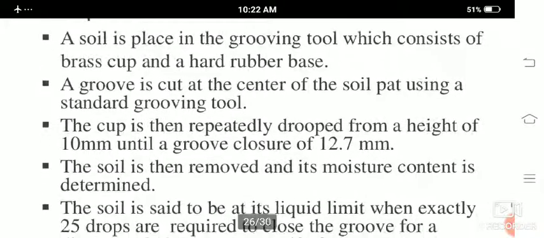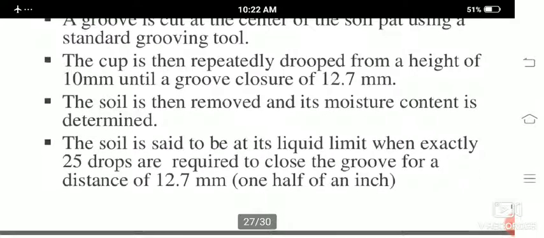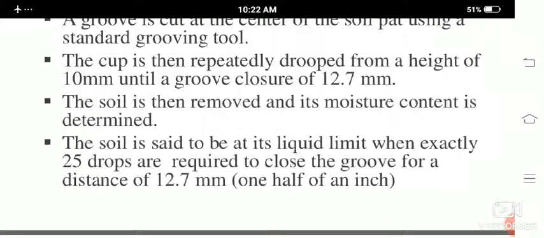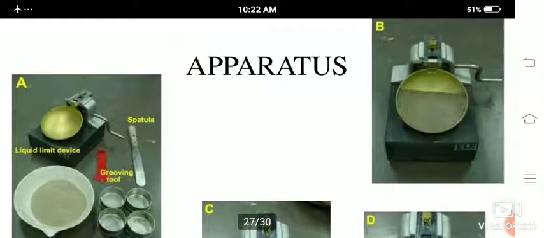After that, you determine the moisture content of this particular soil sample. When you close the distance, you should drop it 25 drops for each rotation. This is the apparatus of the liquid limit test, also known as Casagrande's apparatus.